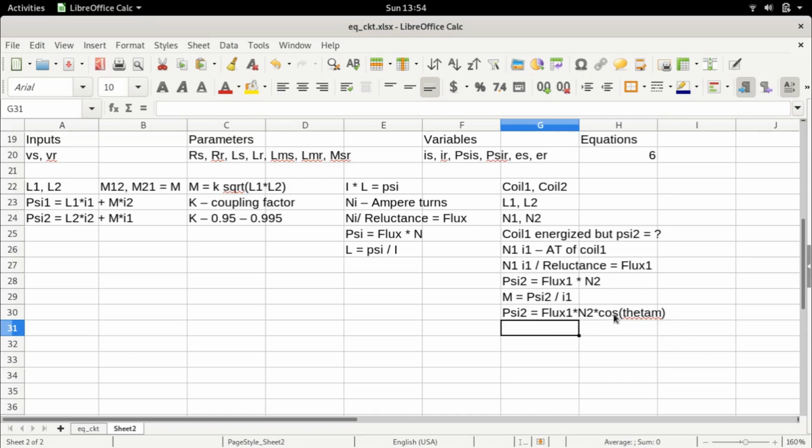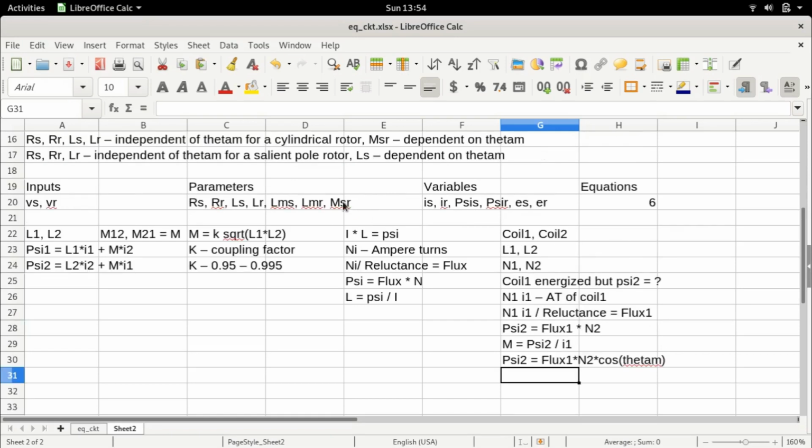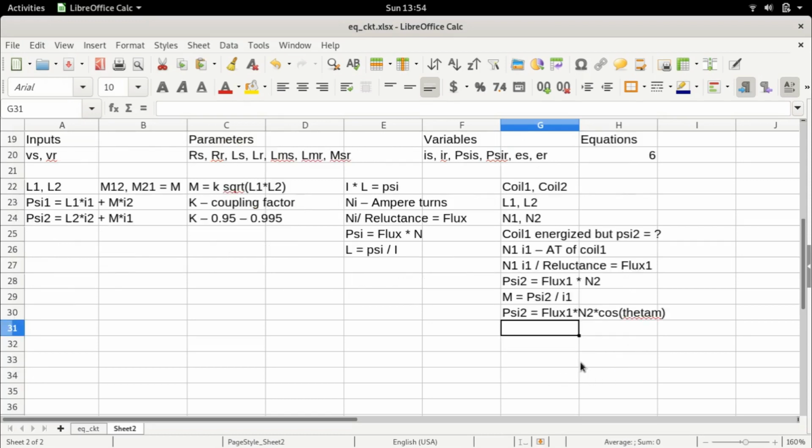Now, it is very clear that the mutual inductance is a function of the rotor position angle. And this is something which we can quantify. We can quantify it by saying that this mutual inductance between the stator and the rotor is equal to some maximum value.